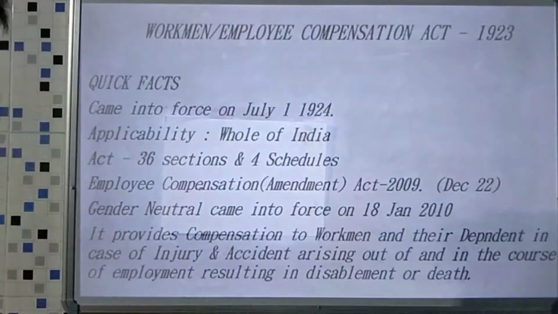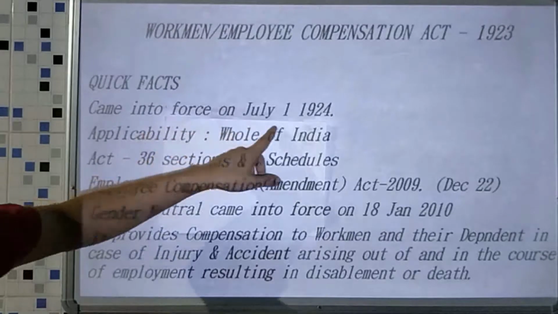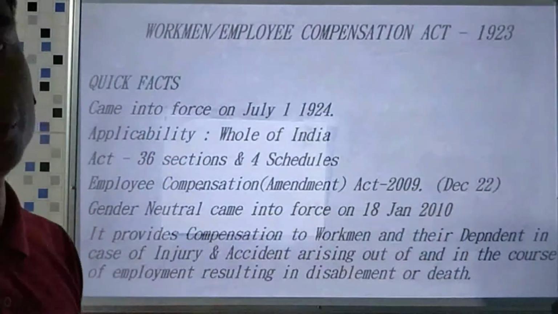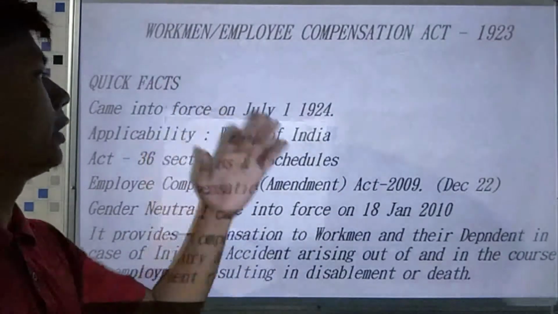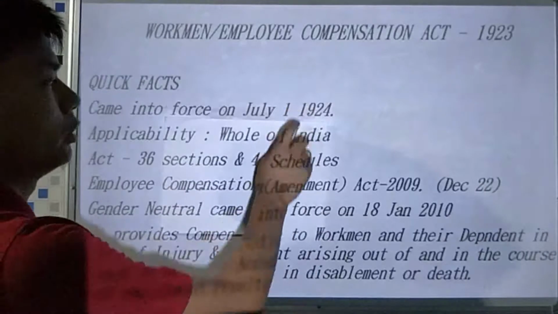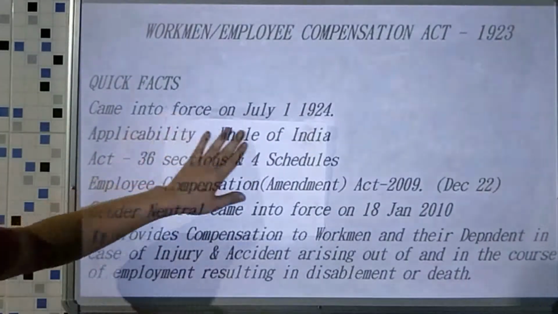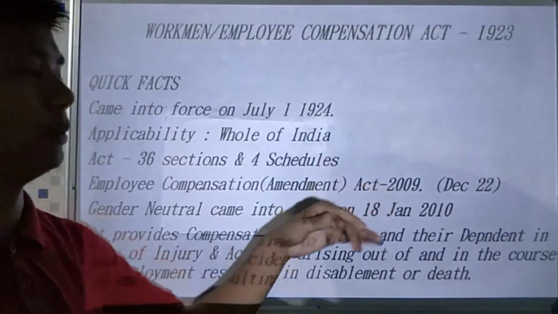Quick facts: it came into force on July 1, 1924. This Workmen Compensation Act 1923, or rather Employee Compensation Act 1923, came into force on July 1, 1924. Applicability: the whole of India, including Jammu and Kashmir.